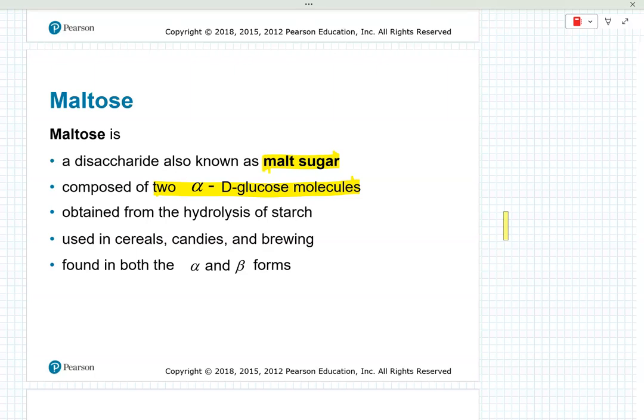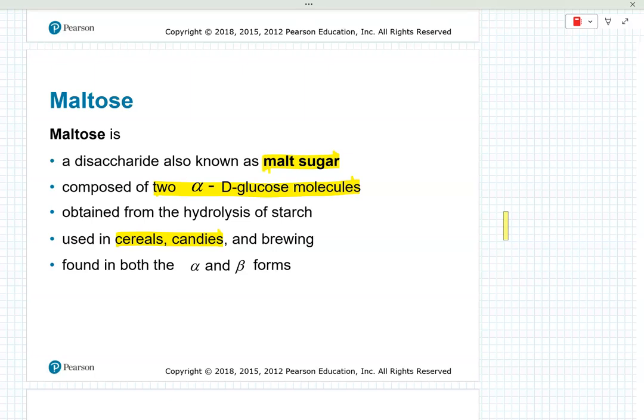You get it from starch hydrolysis. Cereals, candies, sure, but also the natural process of fermentation. Think about malt fermentation, whether somebody tries to make beer or whiskey.